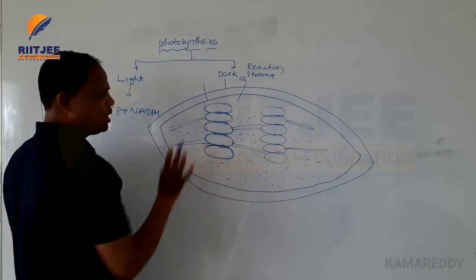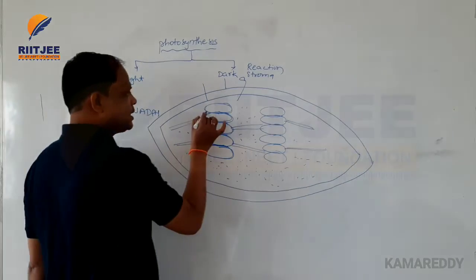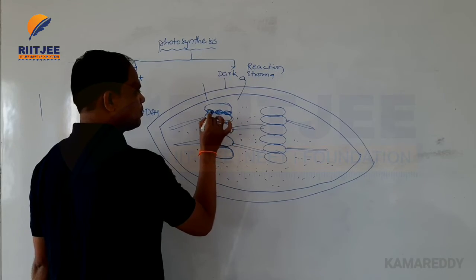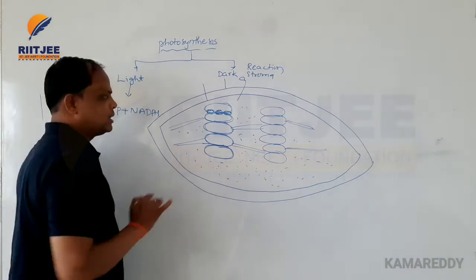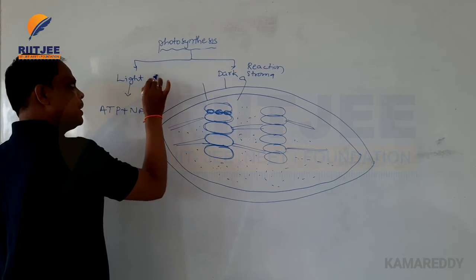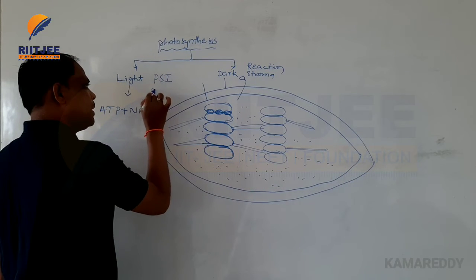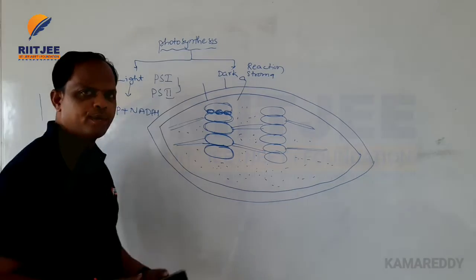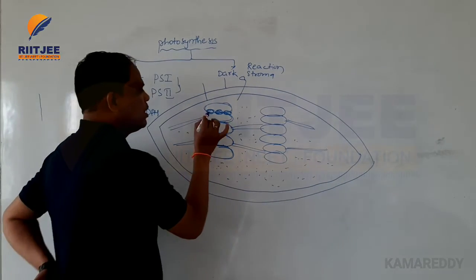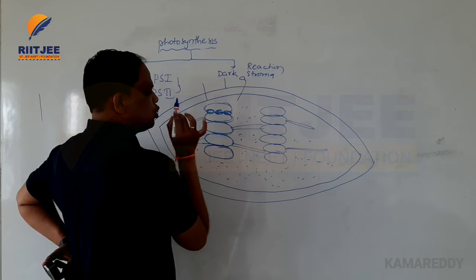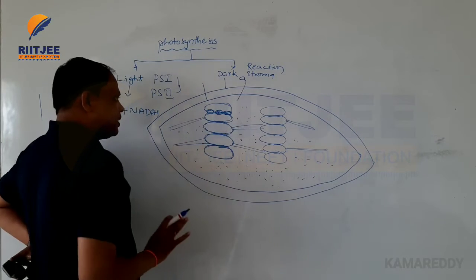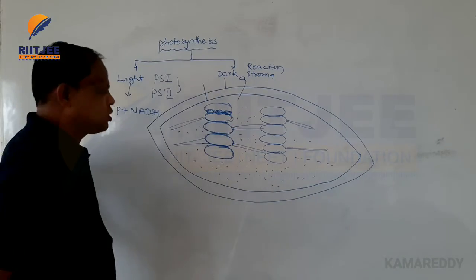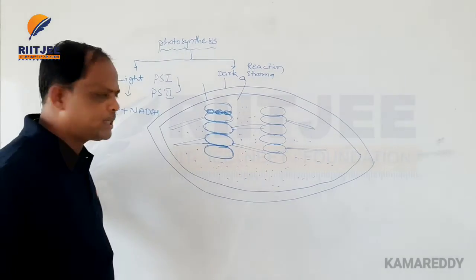The thylakoid systems contain reaction centers on these membranes. The reaction centers are called PS1 and PS2. A number of reactions are present on the membrane system of the chloroplast thylakoids, and in the process a number of electron transport steps are completed.